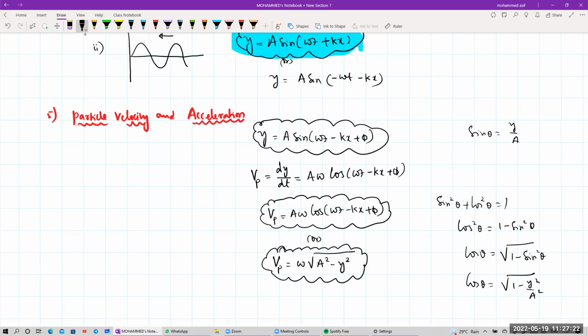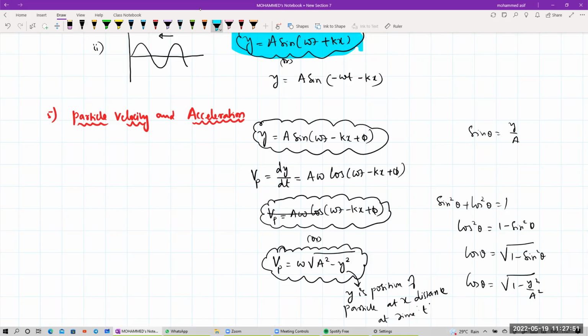So the velocity of the particle is ω times the square root of (A² − y²). What is y? y is the position of the particle, the position of the particle at distance x at time t. Isn't it?